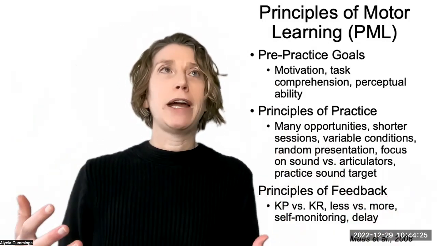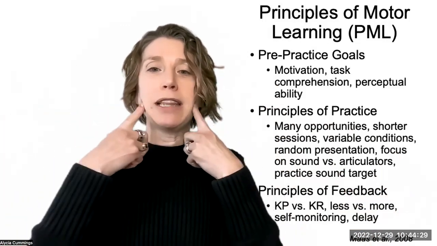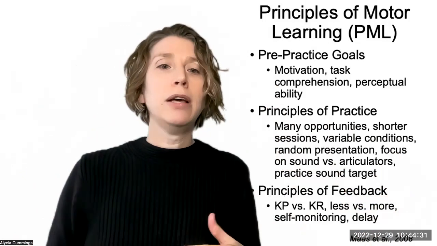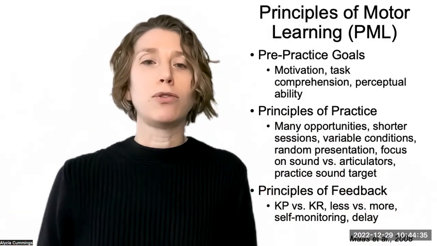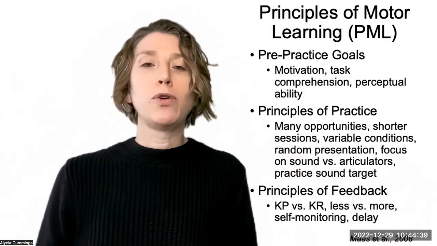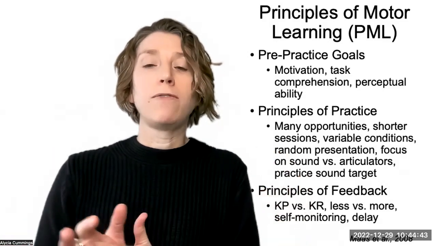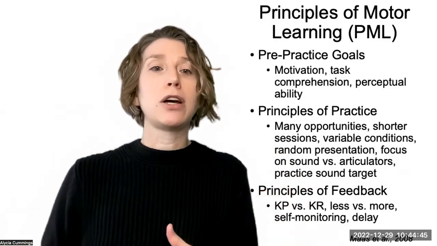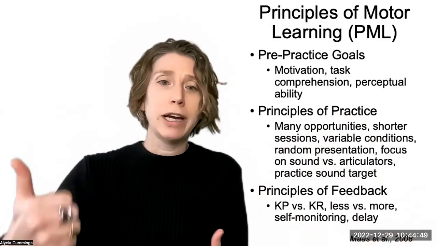So this will provide information: put your tongue up, you need to smile, show me all your teeth, don't move your jaw. But once kids are able to produce that sound correctly, we need to change our feedback so that we're focusing on the knowledge of results, or the KR, where the focus is on whether that target was produced correctly or not. So this is when we'll say, great job.